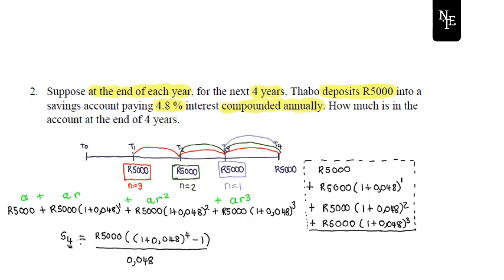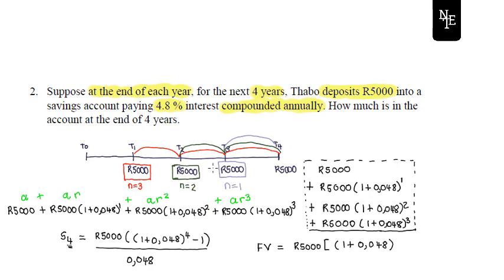So if we had to do the same sum using the future value formula, we would have x, which is our regular deposits, an amount of 5,000 Rand, into 1 plus i, which is 0.048, to the exponent of n, where n in this case represents the number of compounding periods, or your number of payments, same thing.